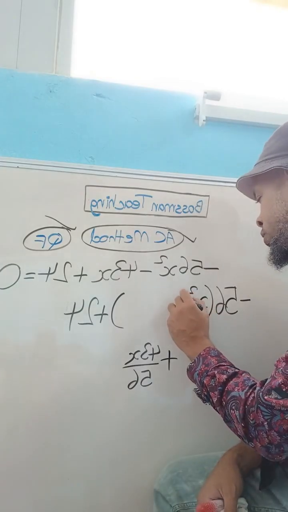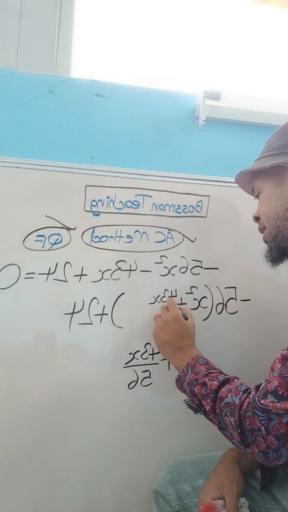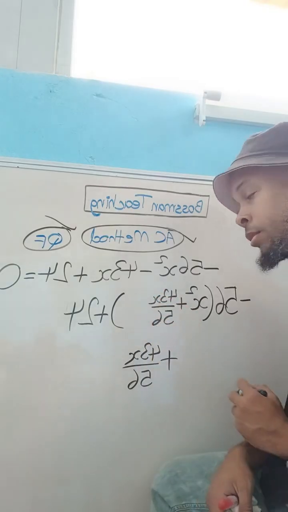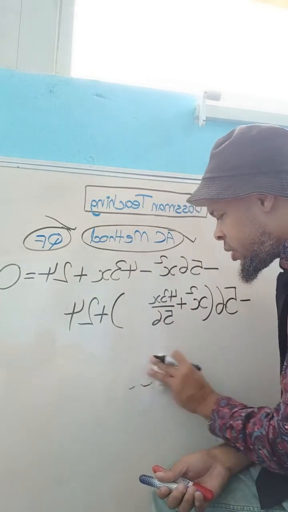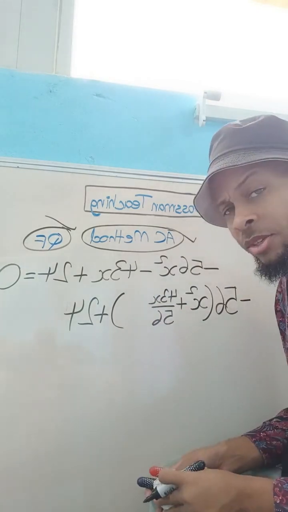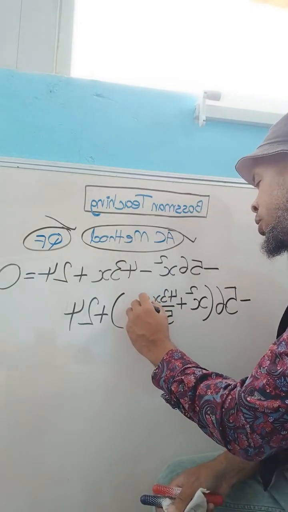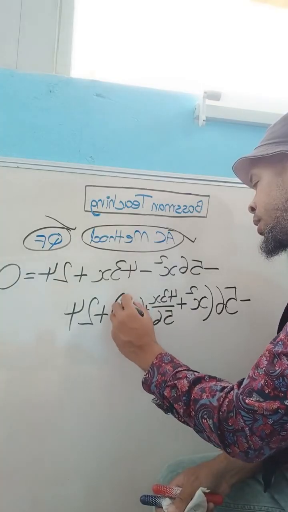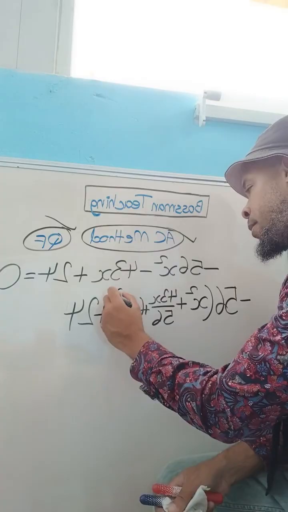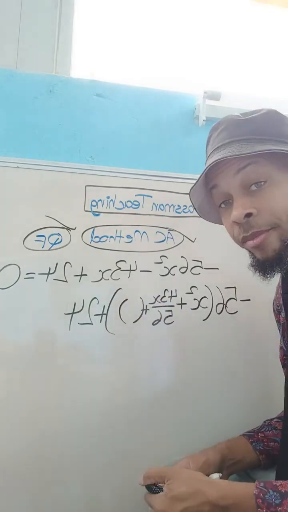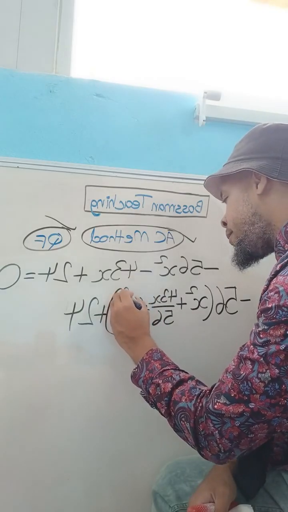Just so we understand this. Cool? So let's remember that. Now, this is where it gets a little troublesome. This part here needs to be squared.